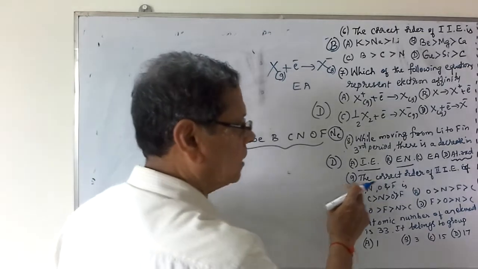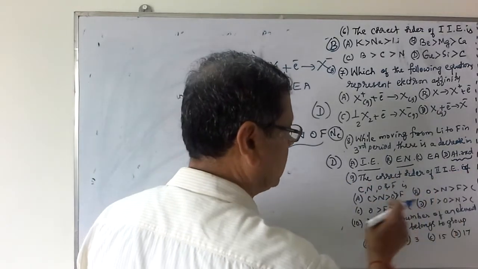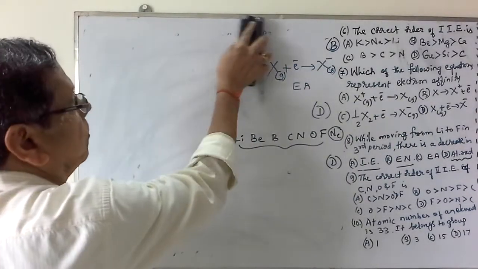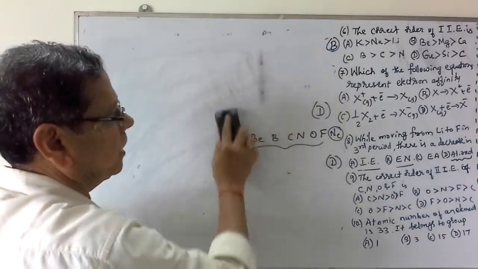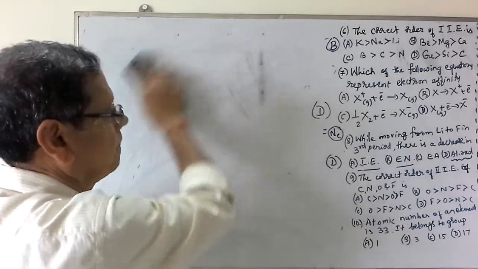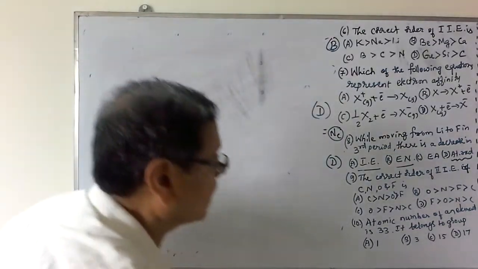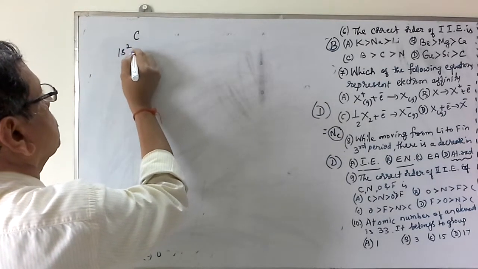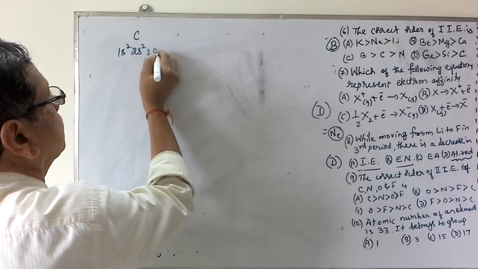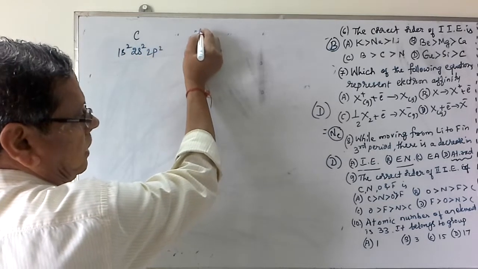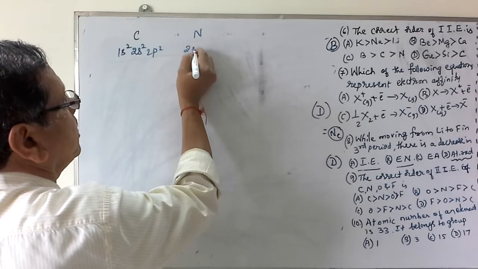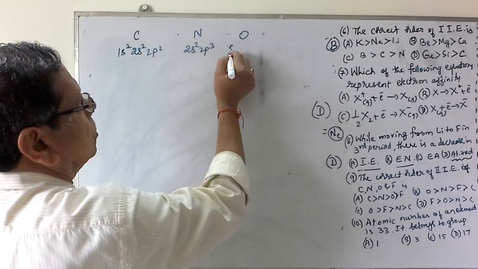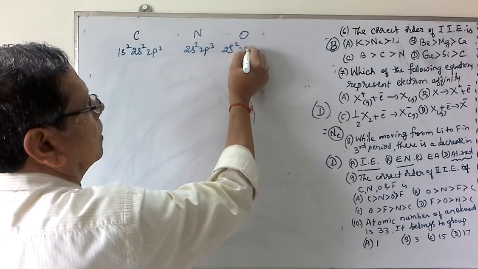The next one: the correct order of second ionization energy. When we consider the second ionization energy, first we have to consider the electronic configuration of the various elements. For carbon, I will write 1s2, 2s2, 2p2. For nitrogen, 2s2, 2p3. For oxygen, 2s2, 2p4.